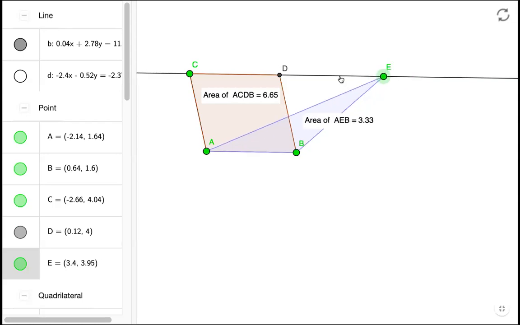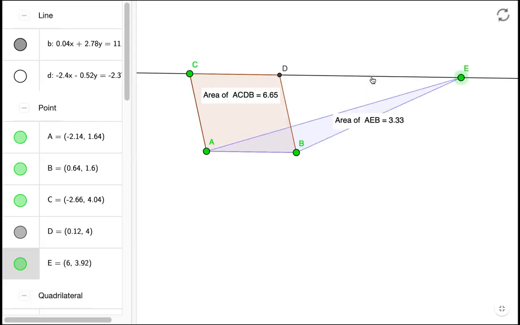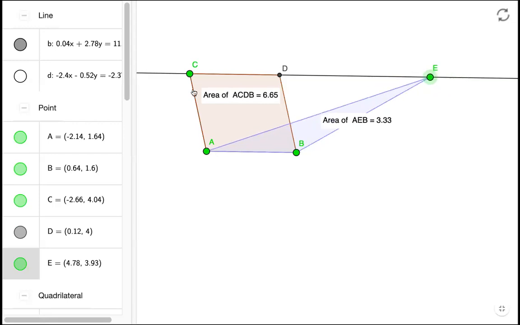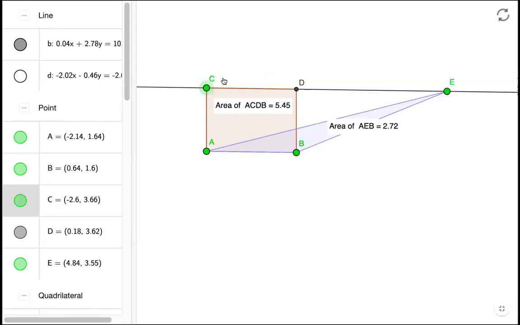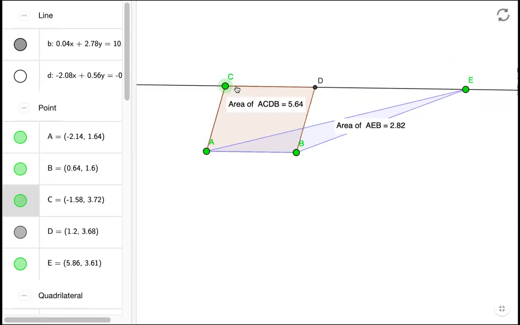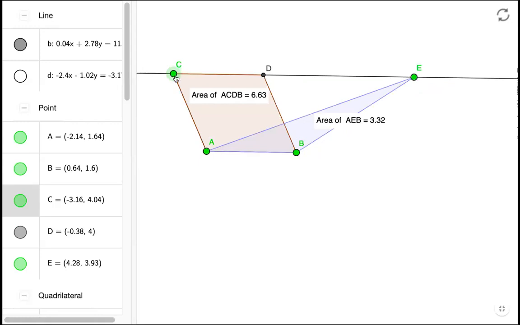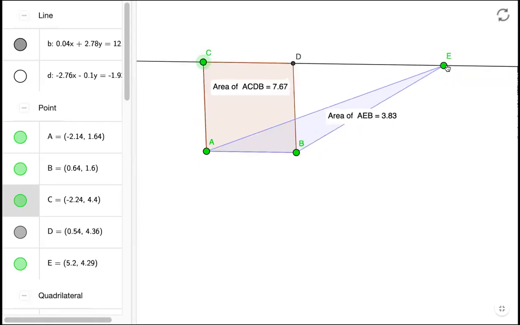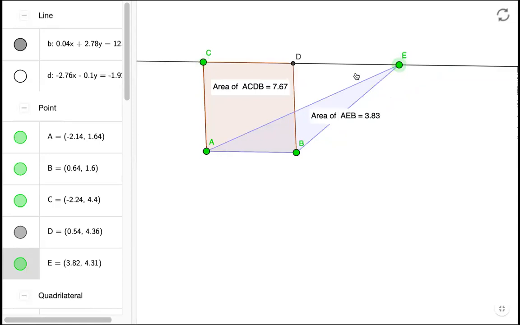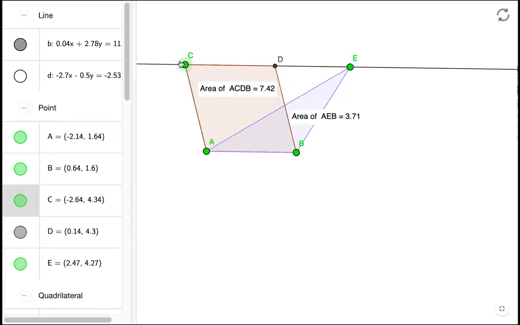And you'll notice that that triangle's area is half the area of the parallelogram. I can change my initial parallelogram, I can change this point here. So does that mean a parallelogram can be divided into two congruent triangles?